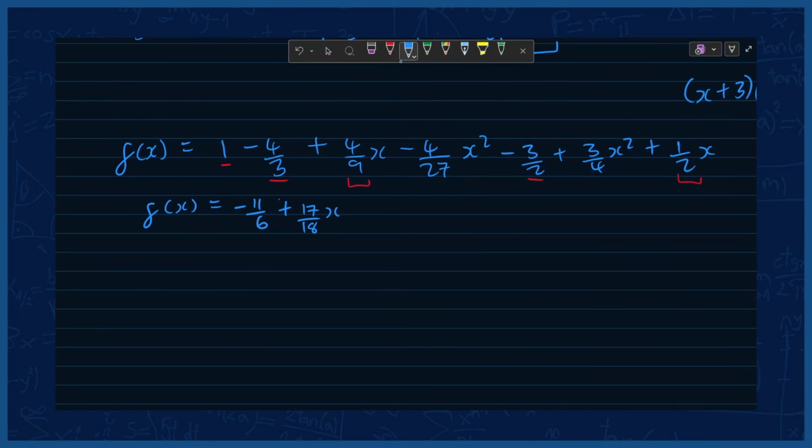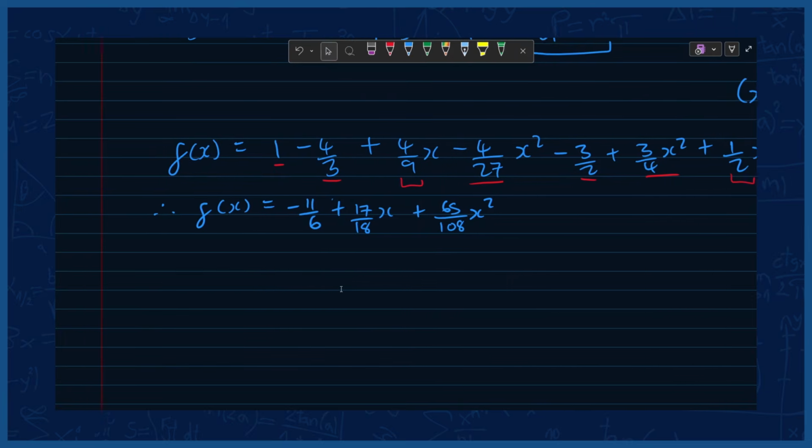And then for the terms in x squared, I've got negative 4 over 27 plus 3 over 4, which is, that's a hell of a fraction, 65 over 108 x squared. Alright, and this is the expansion of f of x up to and including the term in x squared.